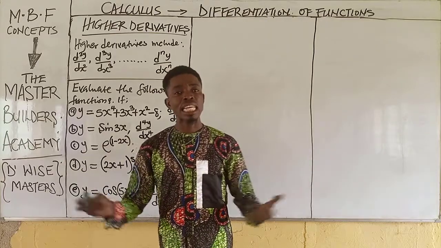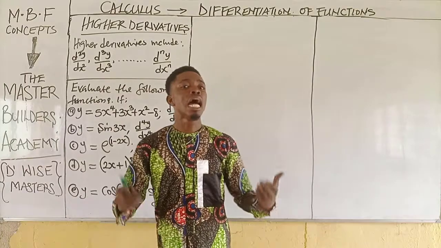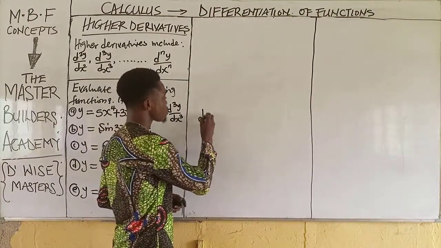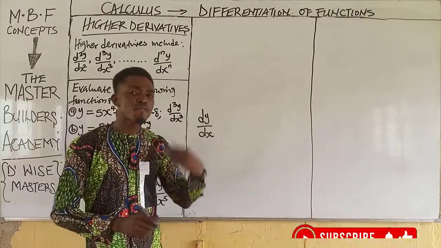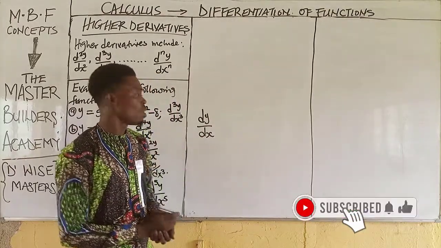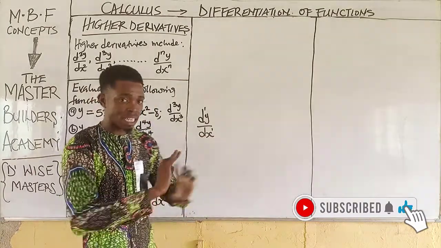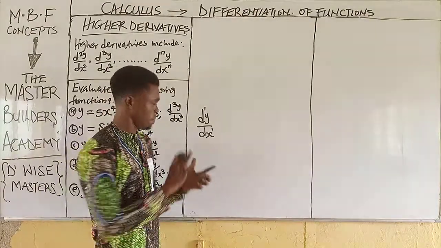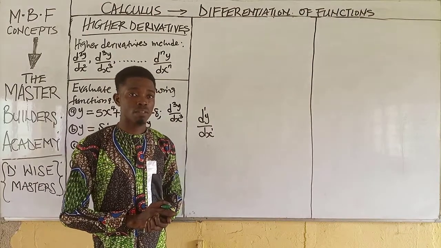So what are the instances or examples, or how do I know that I am dealing with higher derivatives? Now listen carefully. When we started, we said this is dy over dx. This is called first derivative, where d is 1 and this is 1. This is first derivative, and all that we have done so far is just to work on first derivative.